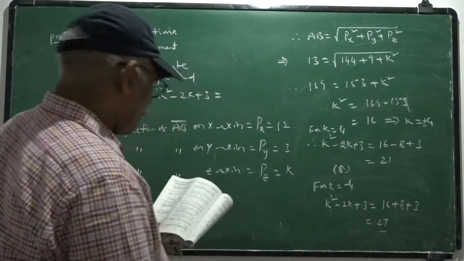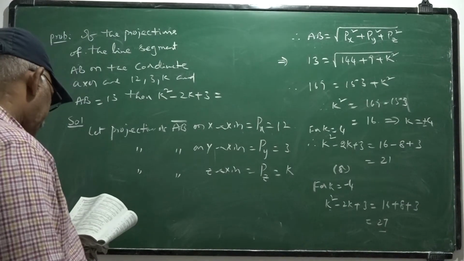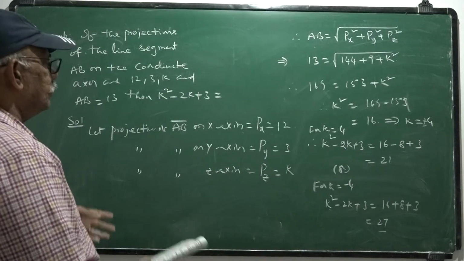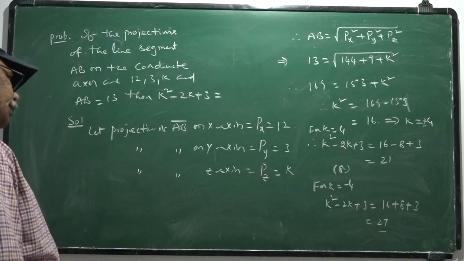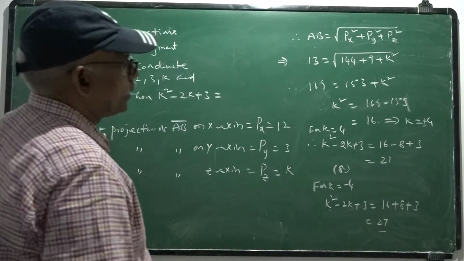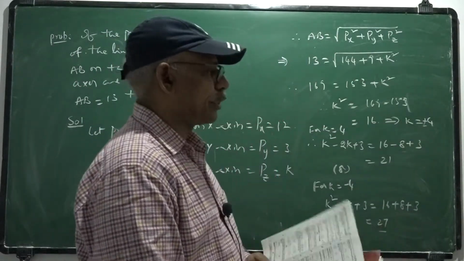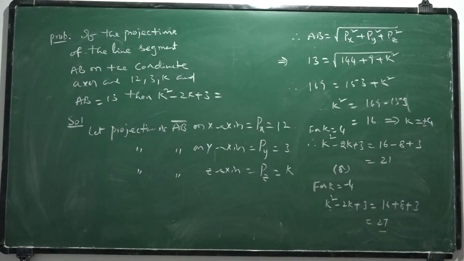The required value is either 11 or 27. The projection may be negative, of course. Once you take length of the projection as considered as length of the projection only, k is considered as 4, positive sign. Otherwise you can take either plus or minus.